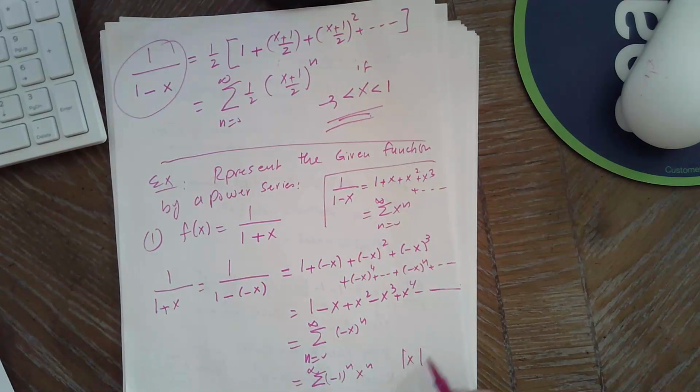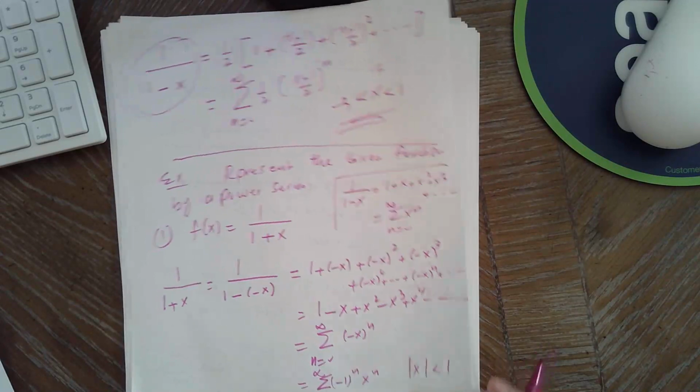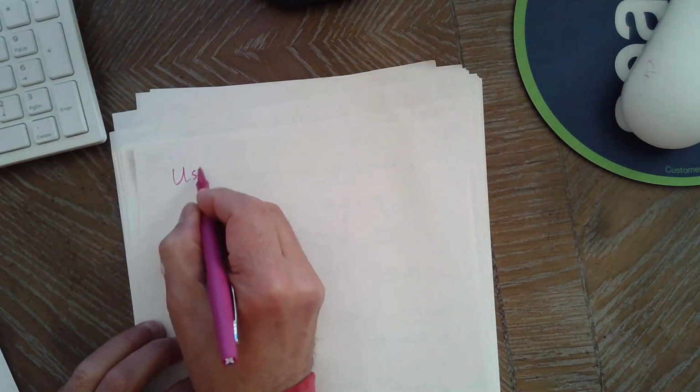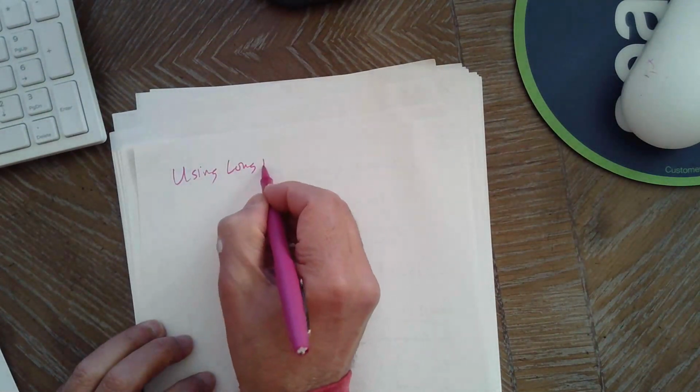Again, the absolute value of x is less than 1. And you could actually do this using long division.